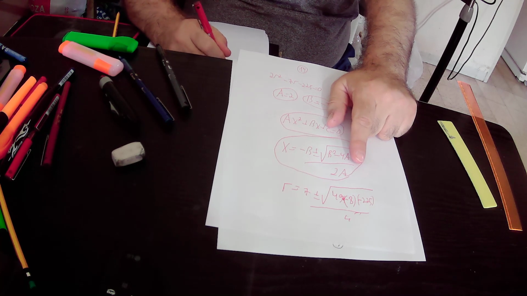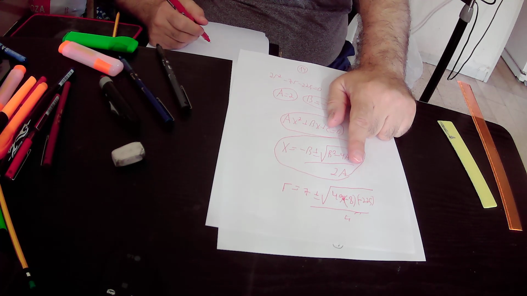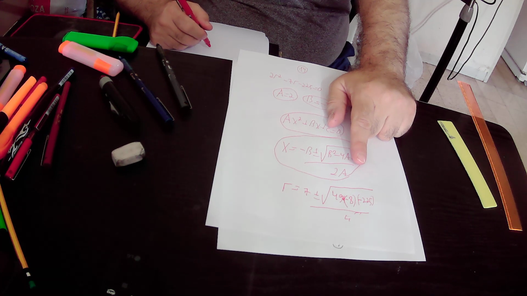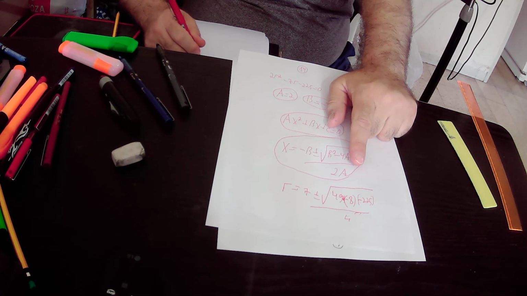So r equals to 7 plus minus root of 49 plus 8 times 225, which is 1800. Minus times minus is plus, so it is 1800 plus 49 is 1849. So in total we got in the root 1849 over 4.